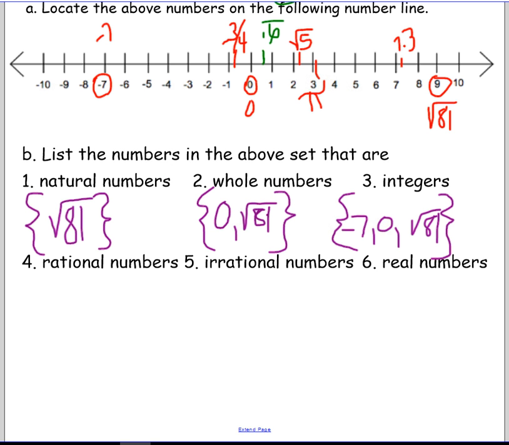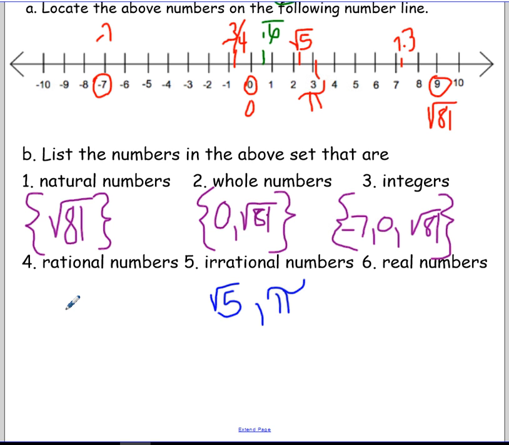So remember, irrational are numbers that are square roots that don't come out perfectly, and we saw that with the square root of 5. And then any number such as pi that we assign the Greek letter to represent this crazy value that we get. And so those are our two that are irrational. So all the other numbers are going to be rational.